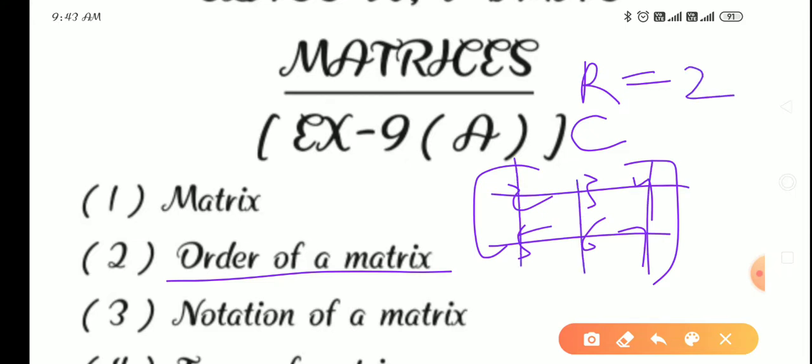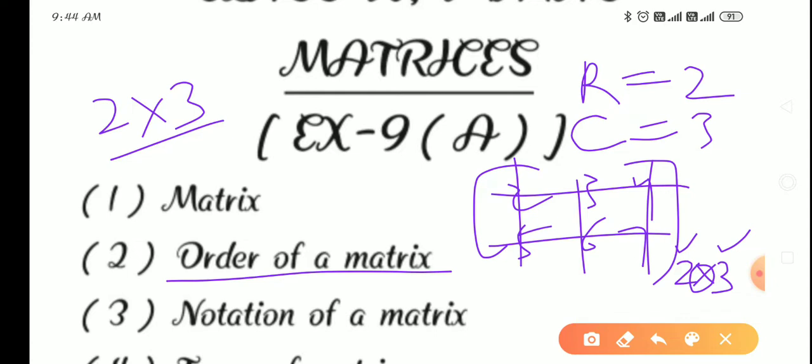1, 2, 3 columns. So if you write 2 and 3 at the bottom right corner, 2 by 3. So number of rows first and then number of columns second. In between a multiplication sign will come and it will be read as 2 by 3. 2 multiplied by 3 will be read as 2 by 3.